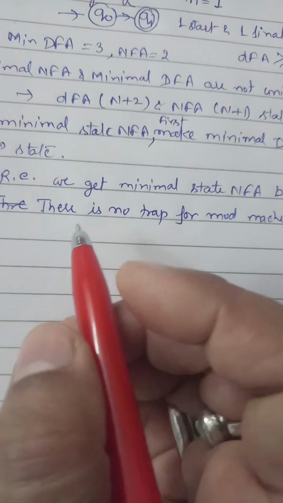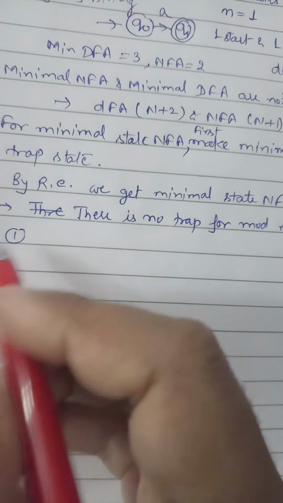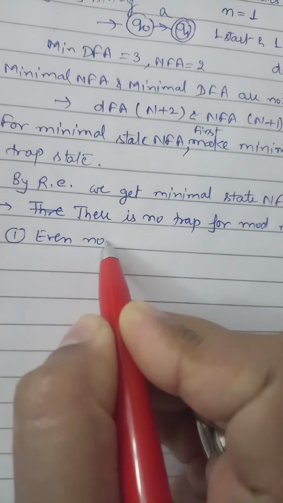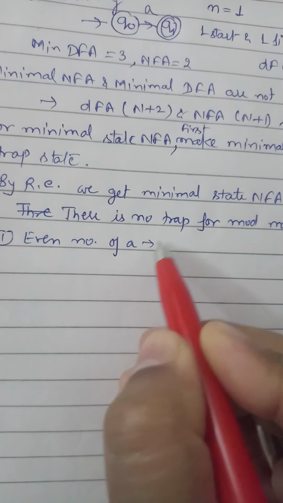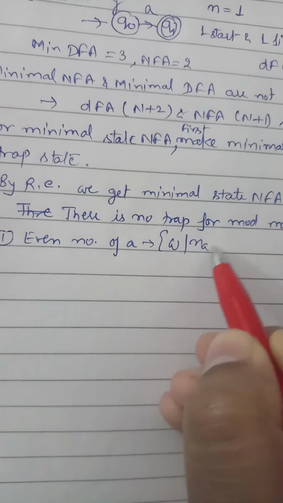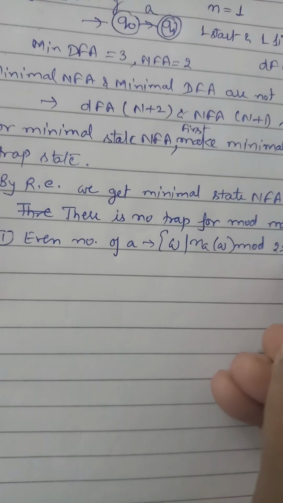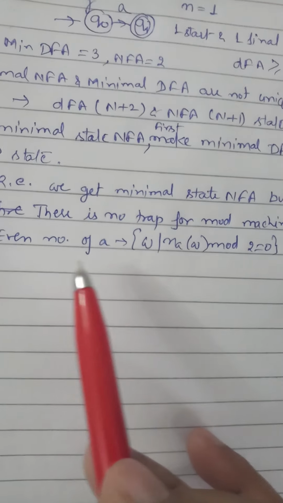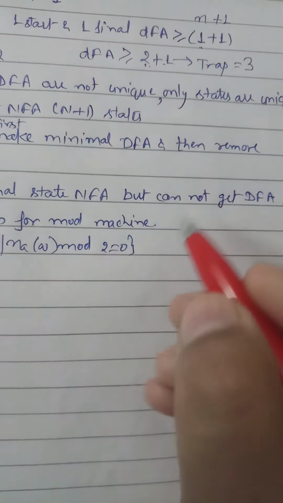Let's understand with an example. The first: even number of A. We need to make a mod machine for this. Mod 2 is equal to 0, because this is even number of A. So how are we going to make it?